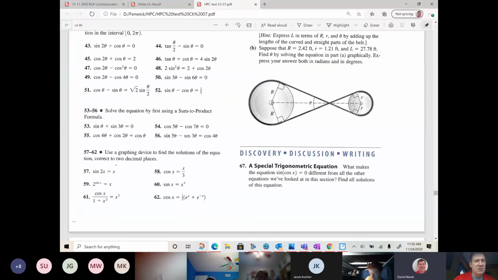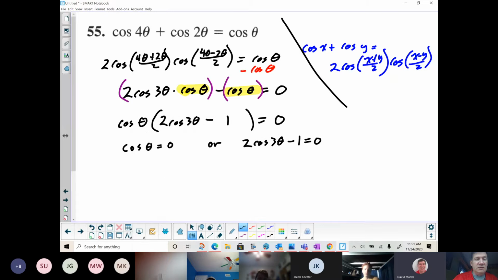Sorry, let me check. Yeah, the directions just say solve the equation. They did not give us any kind of restriction here for a particular range of values. All right, so where is cosine equal to 0? Well, that happens when, oops, move it down here.